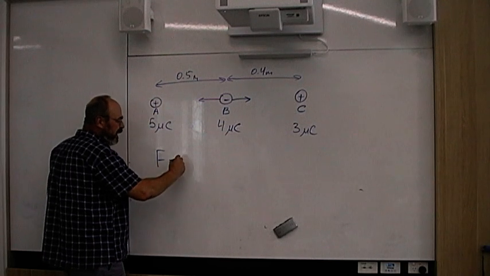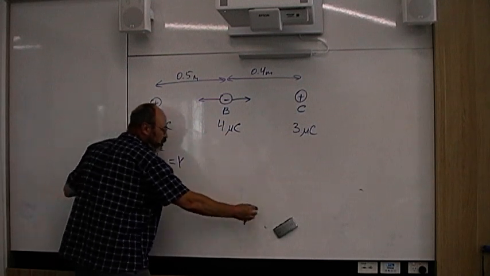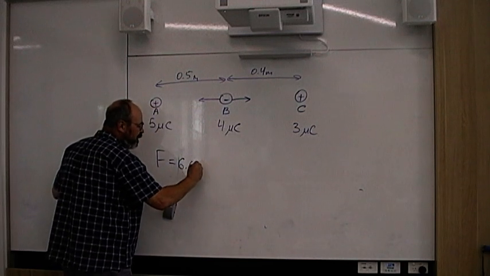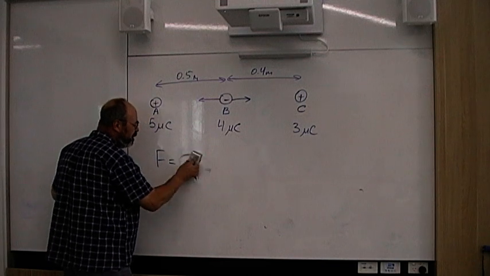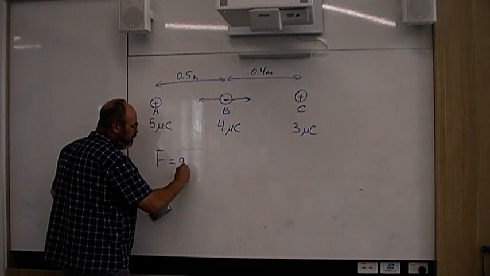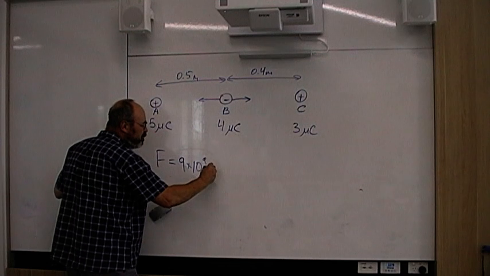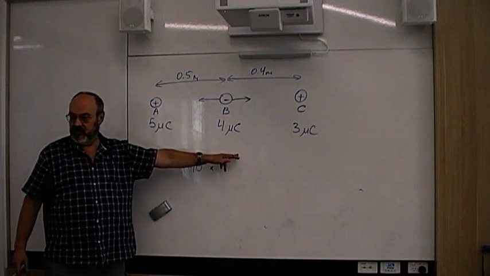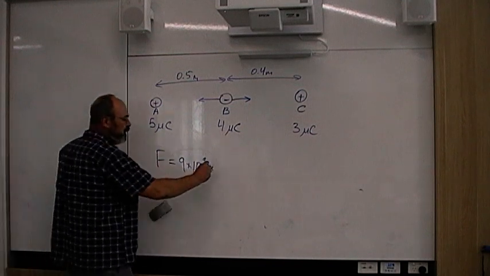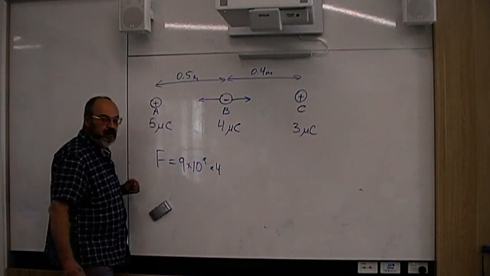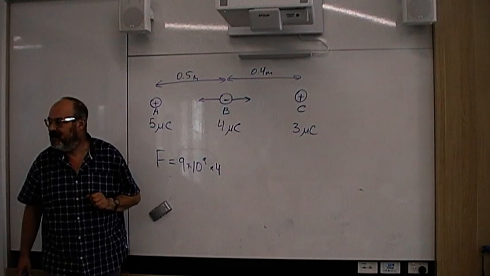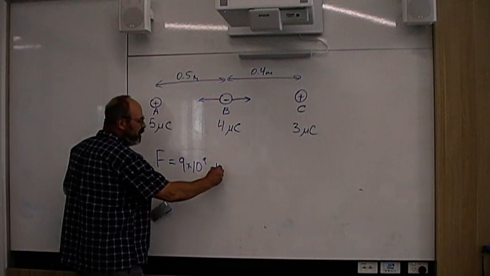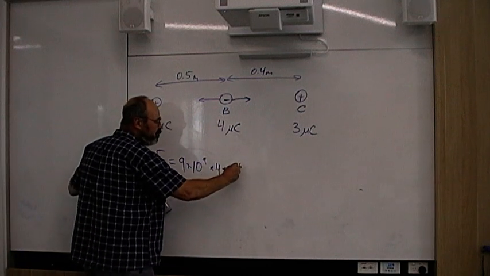We can take K as a common factor, 9 times 10 to the 9, times, because this charge is involved in both interactions, we can take it as a common factor, 4 times 10 to the negative 6 (micro means 10 to the negative 6).